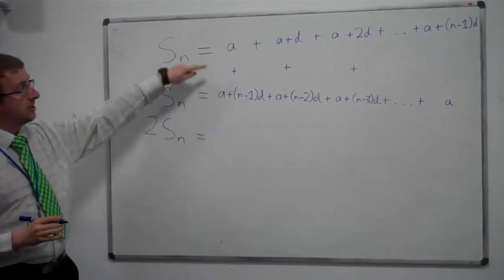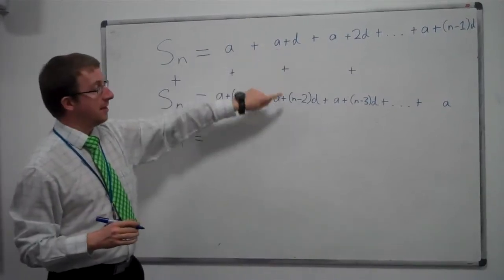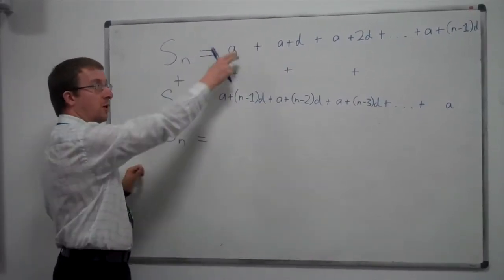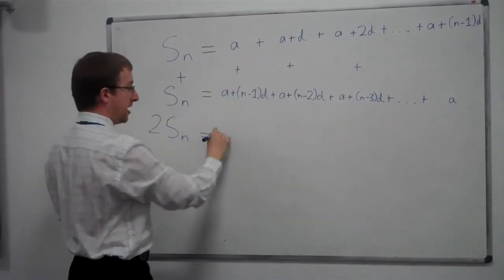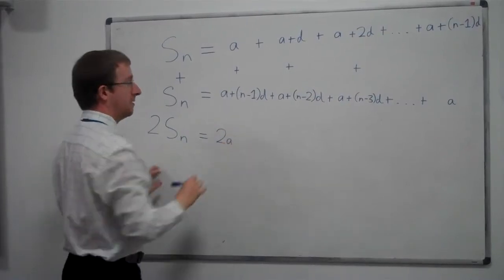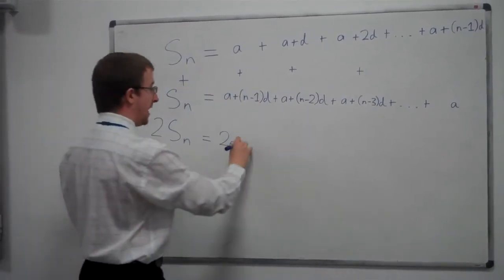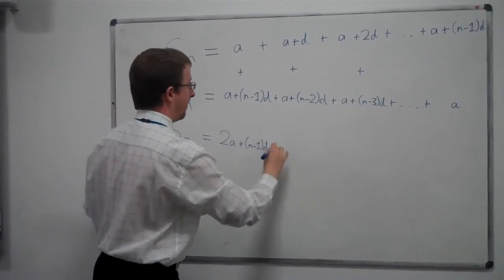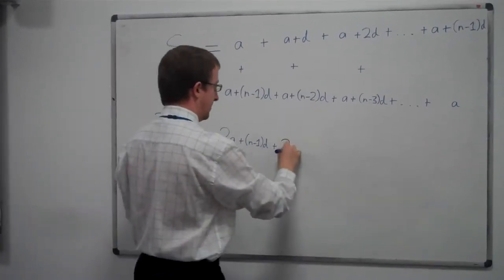At this stage, each one of these actually comes out to be the same thing in this sort of column arrangement that I've made here. I have A plus A, which gives me 2A. And for this first one, I have n minus 1 lots of D. This next one, I have 2 A's.